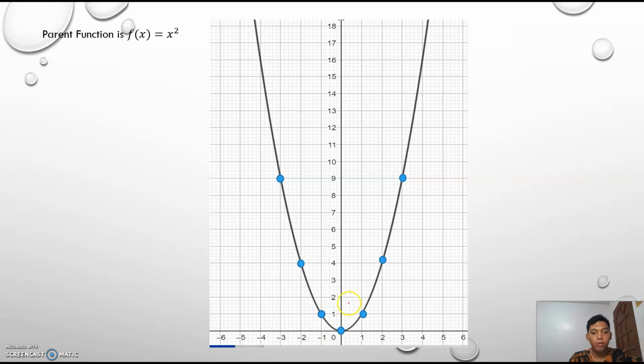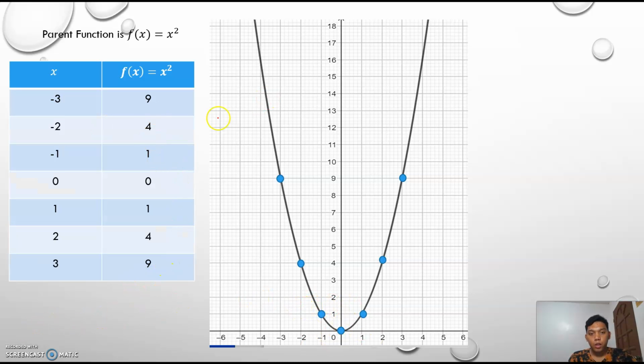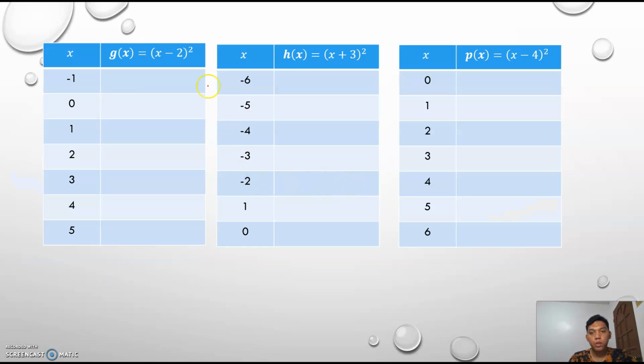So this will be the parent function, okay? We graphed this already in part 1. So now let's consider these functions. Then we're going to use some values in x. These are just values I choose randomly. It's up to you what is from the domain, right?